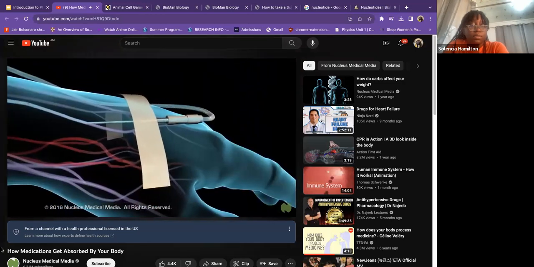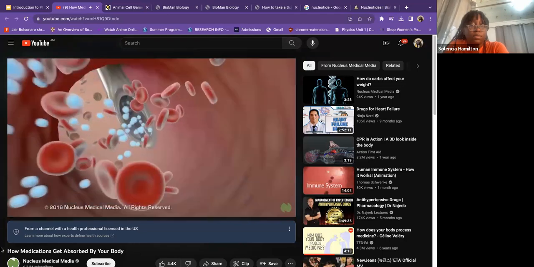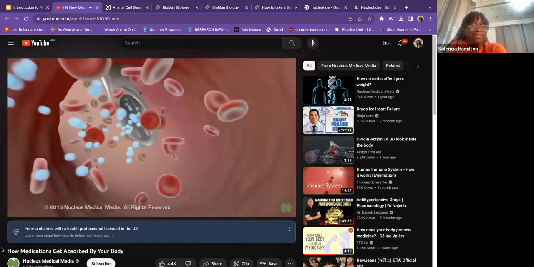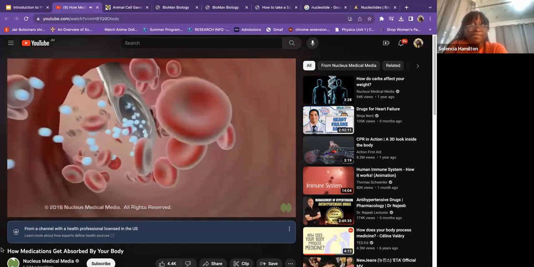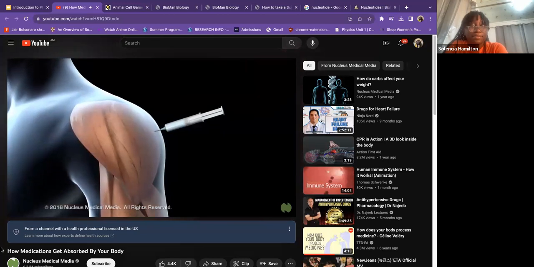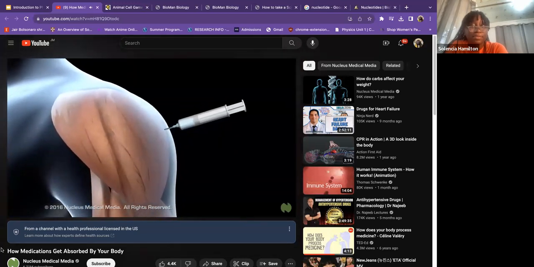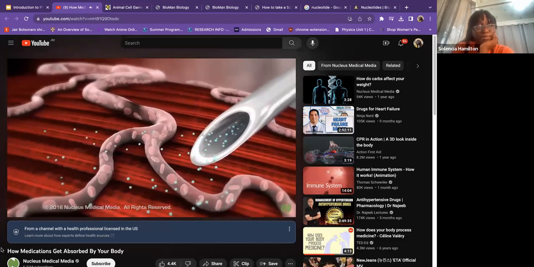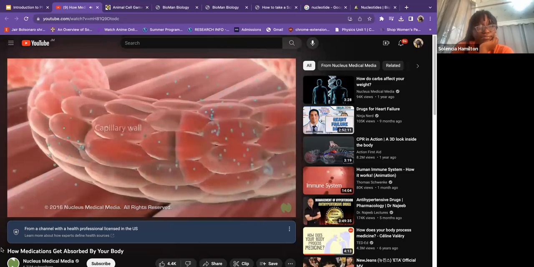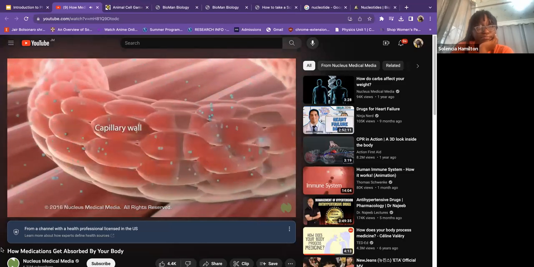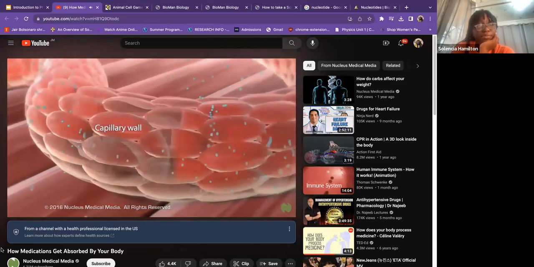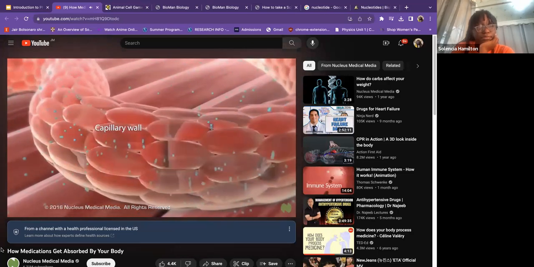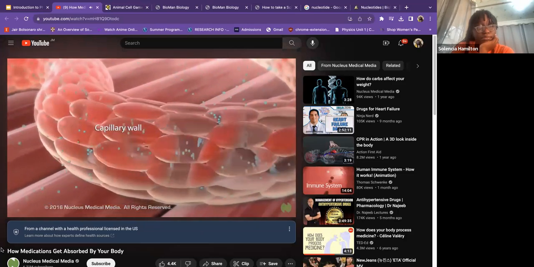If a drug is administered via intravenous injection, it passes directly into the bloodstream, thus bypassing absorption in the GI tract. If administered through intramuscular or subcutaneous injection, the drug enters either muscle or subcutaneous tissue, where it passes through gaps between cells into capillary walls, and then into general circulation or target organs, also bypassing absorption in the GI tract.